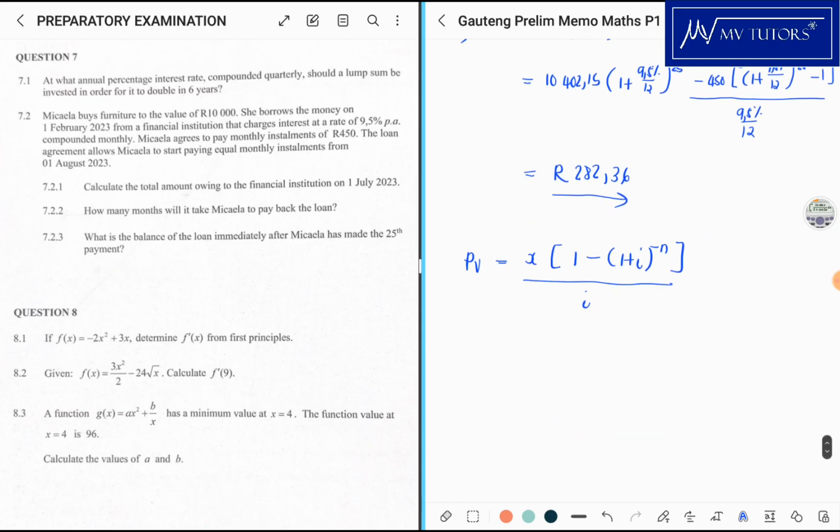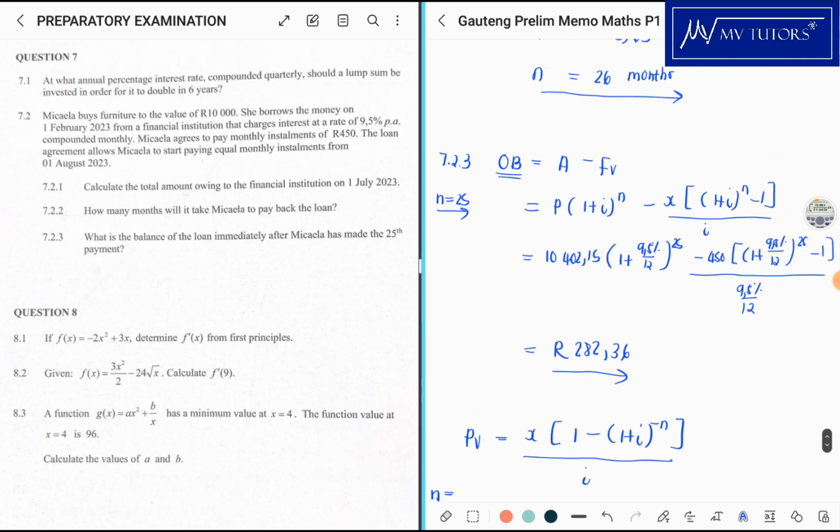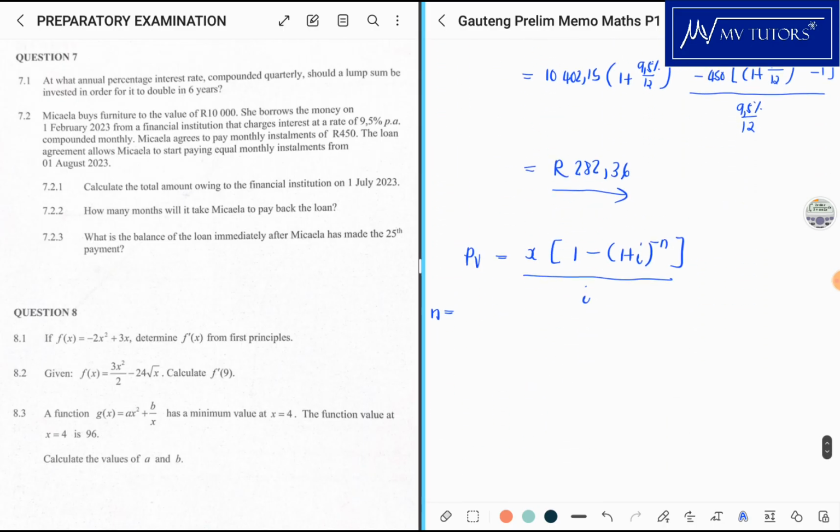On the other hand, if you're going to use the present value formula, you're going to have to work out the remainder of the time. So we know n is basically 26 months, but I'd rather we use 25.63 just to be safe. We're going to have to subtract the 25 because we need to use the remainder of the time.